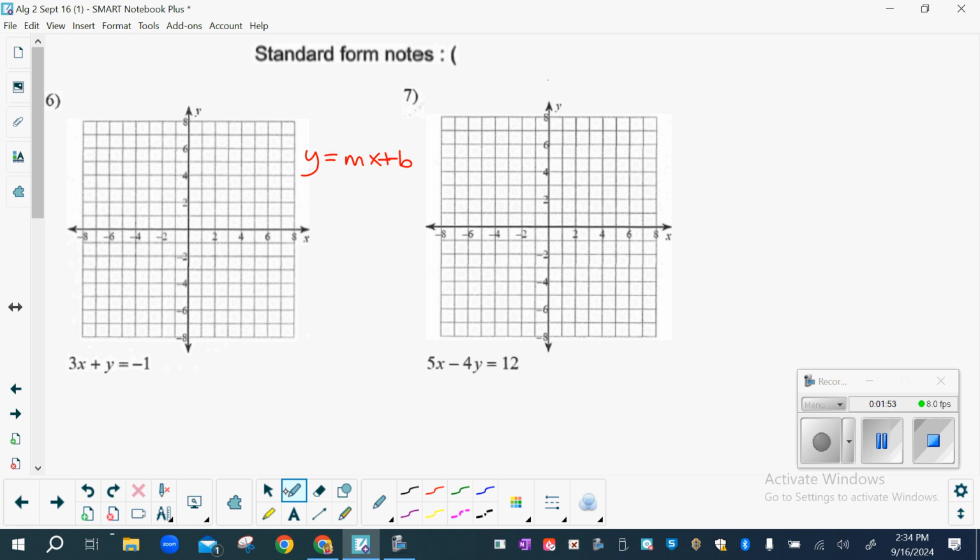So what is the first thing, a hand please, that we would do to this to get this to be a slope intercept form? A hand please. Yes, we've got to get that y by itself. So we want to isolate the y. So subtracting 3x would be our first step.